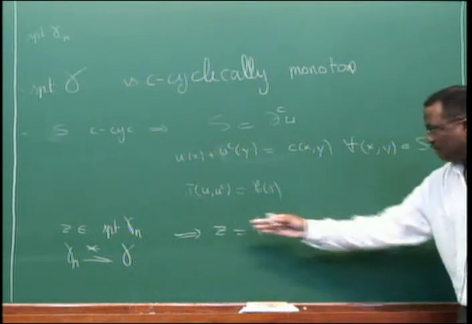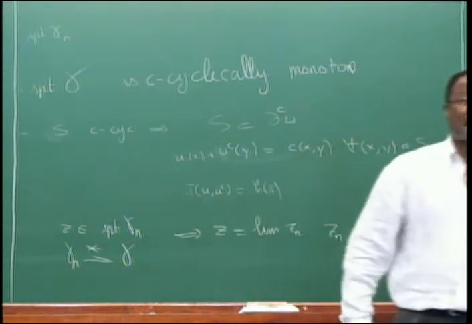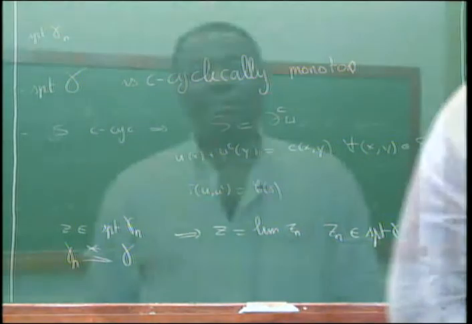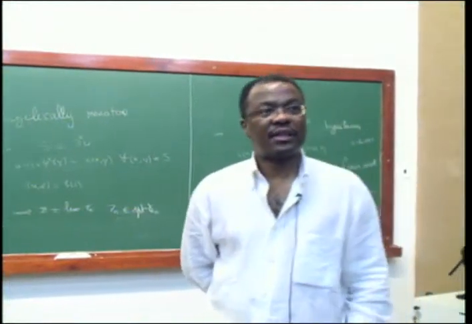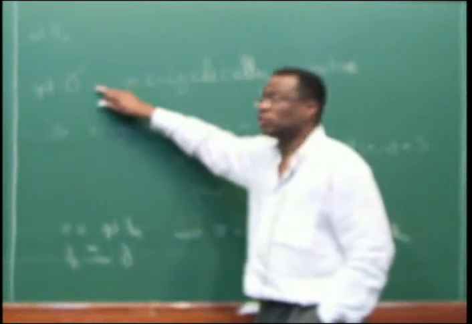So this implies that if the supports of gamma n are c-cyclically monotone, the support of gamma is also cyclically monotone. And so you have this first implication.